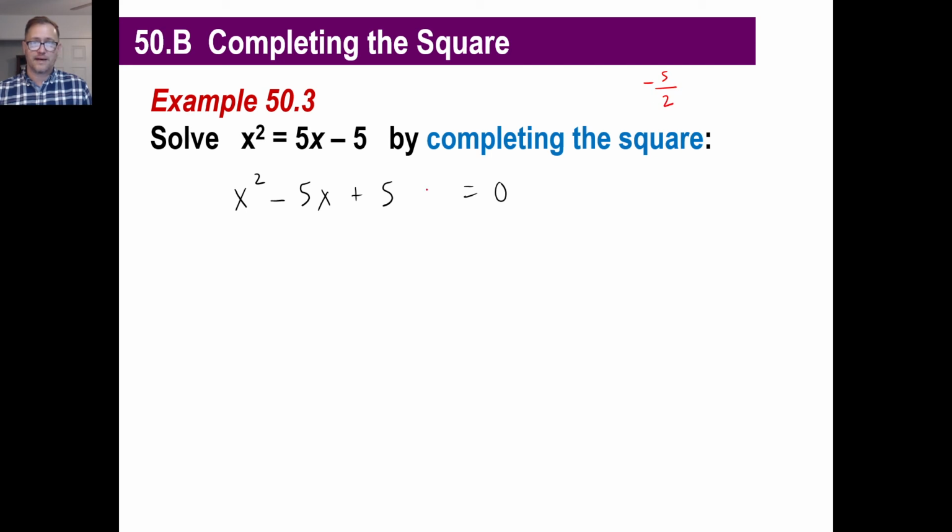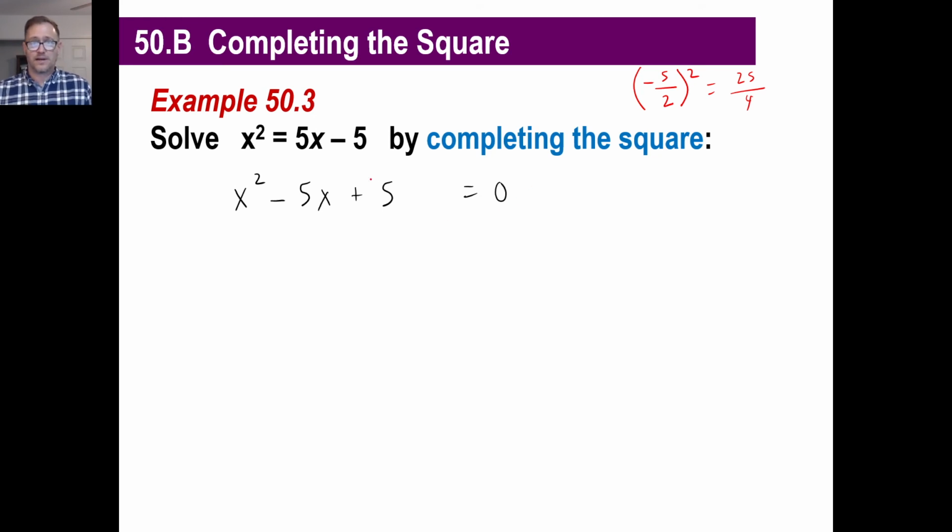That's half of that number, negative 5 halves. But the number you want here is not a 5. You're going to have to square this thing, and we know how to square it. It'll be 25 over 4. So we want this number to be 25 over 4.